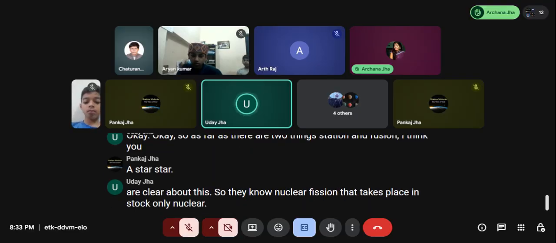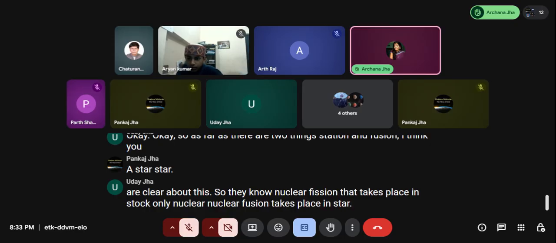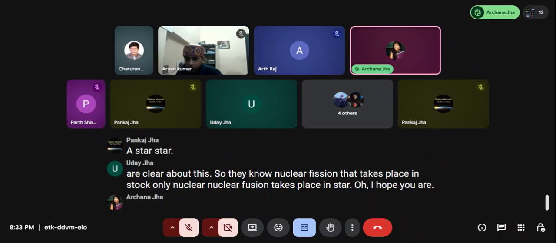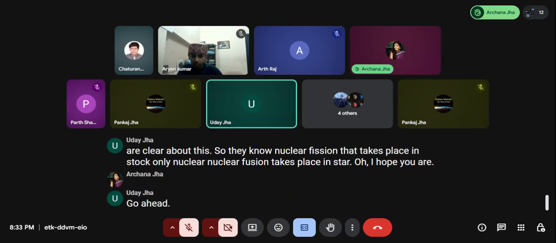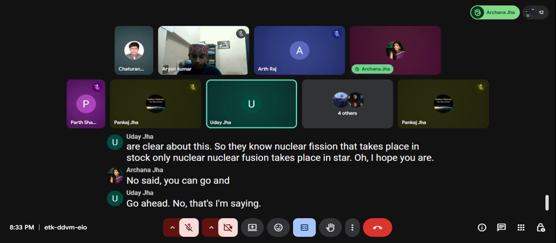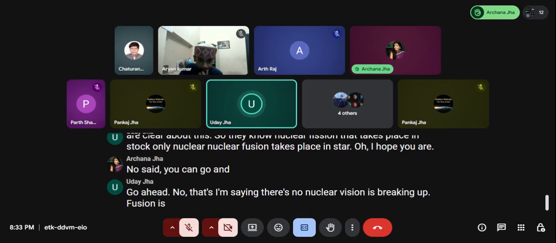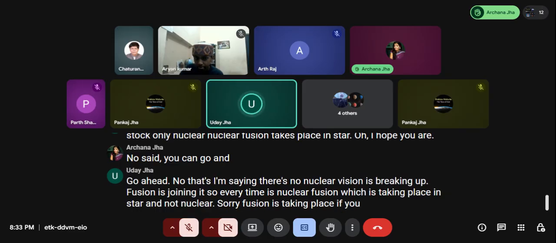Only nuclear fusion takes place in a star. Fission is breaking up. Fusion is joining. So every time it's nuclear fusion which is taking place in a star, and not fission.